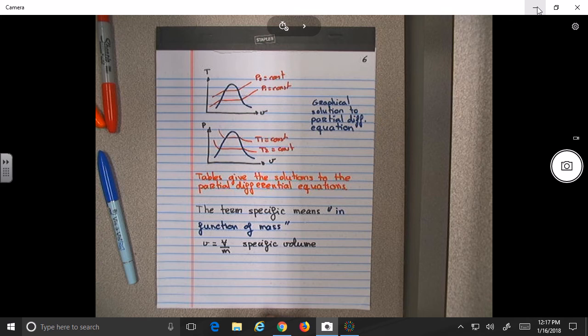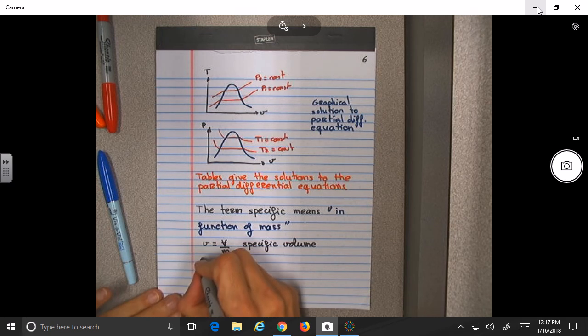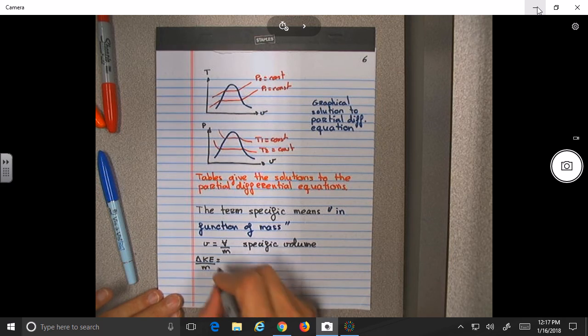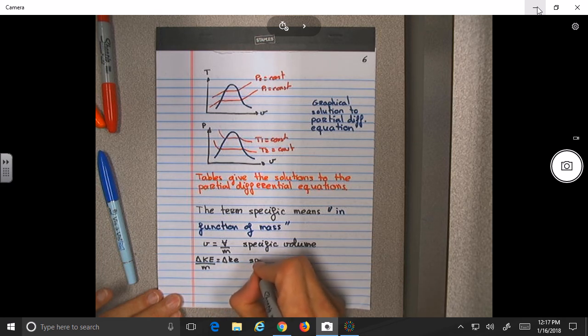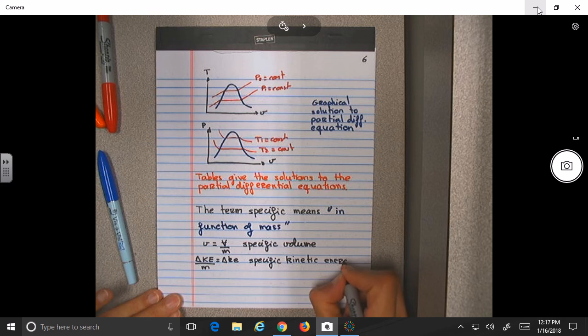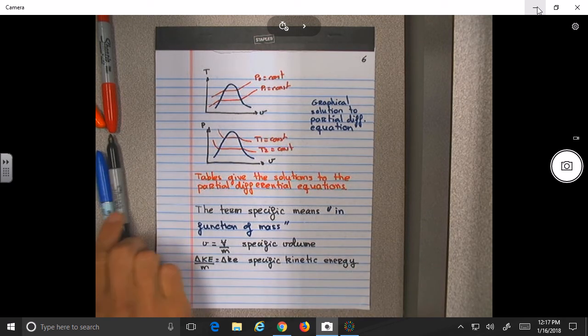Obviously you cannot have something called specific pressure. It makes no sense at all. But let's say you have delta KE, which will be the change in kinetic energy. You can have delta ke, which will be specific kinetic energy.